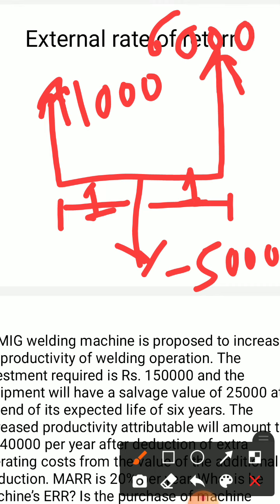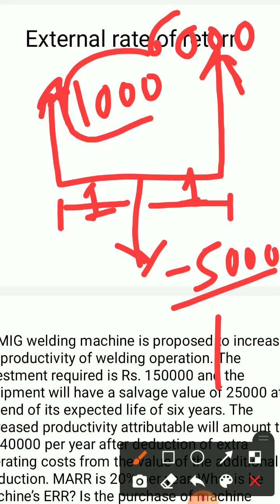So with this diagram, if we move further, in this project you will get 1,000 rupees initially, 6,000 rupees after 2 years, and after 1 year there are expenses of 5,000.